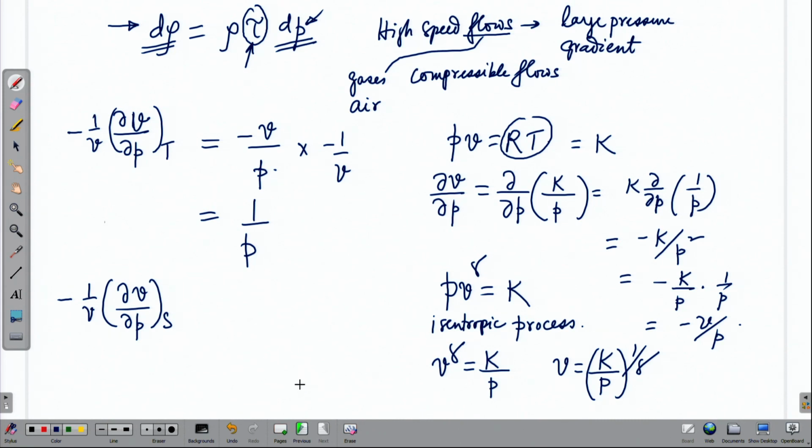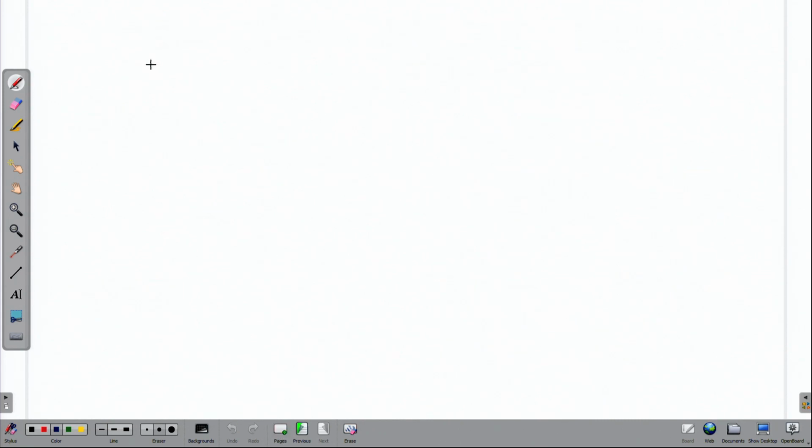So, gamma is the ratio of Cp by Cv, the ratio of specific heats.